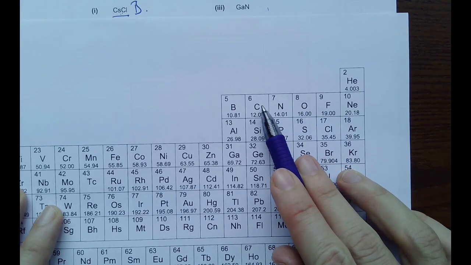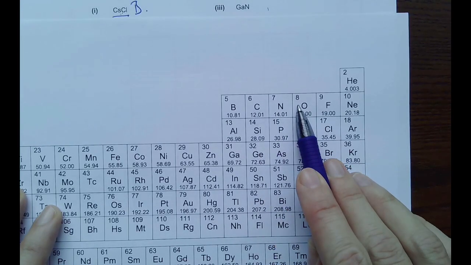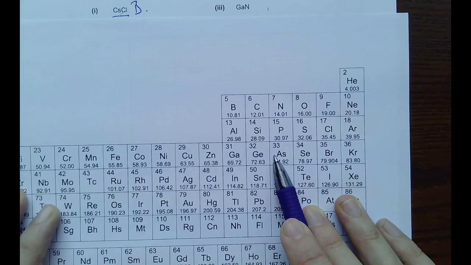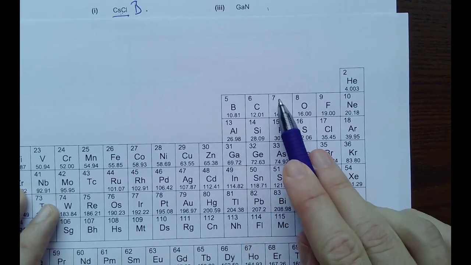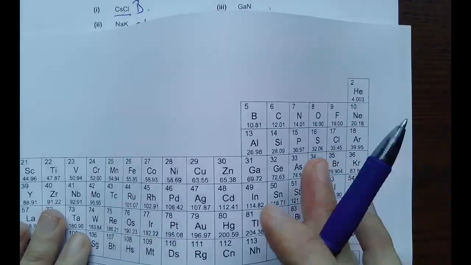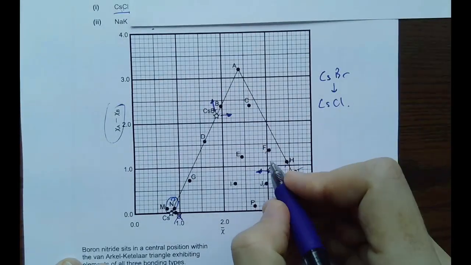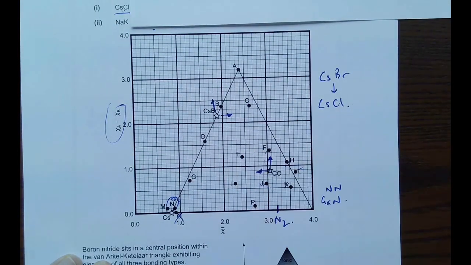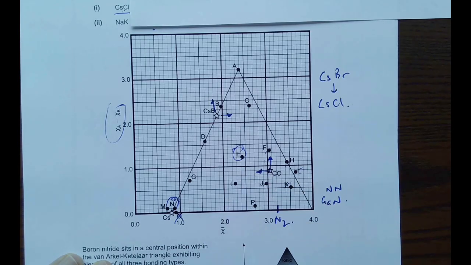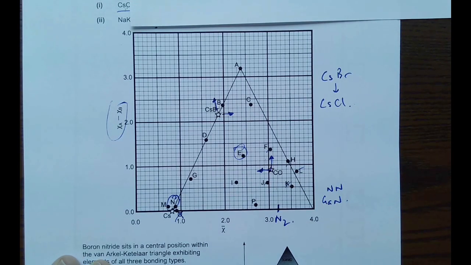Now, these are in the same row, the same period. It's 2 elements across. Nitrogen to gallium, it's 2 periods down, 2 groups across. So there's going to be a much bigger electronegativity difference between gallium and nitrogen. So that means it's going to have to be going up. So to the left of carbon monoxide and above carbon monoxide gives me E.